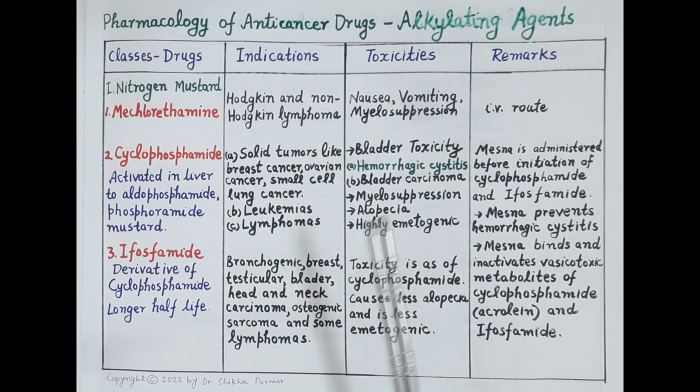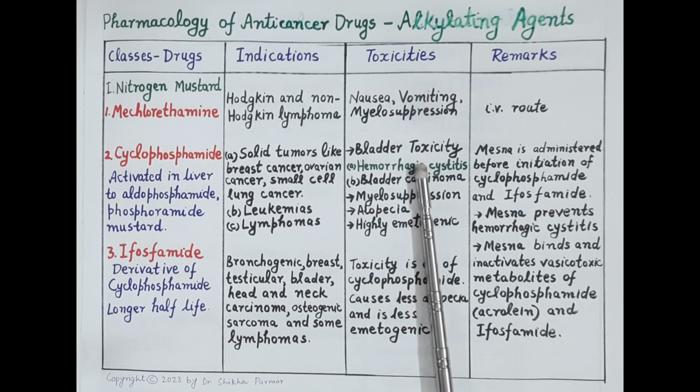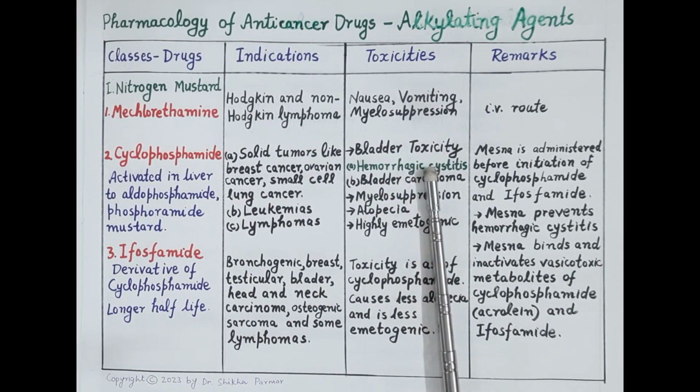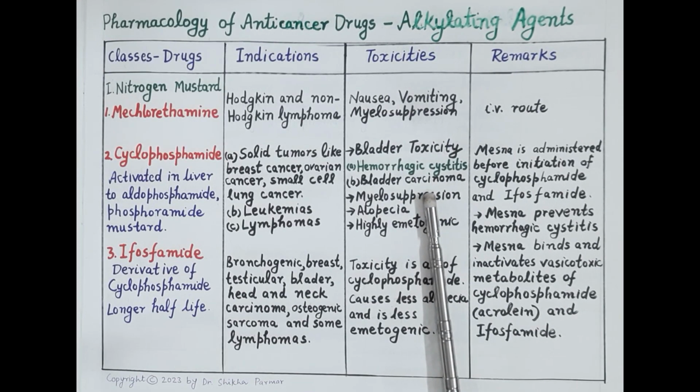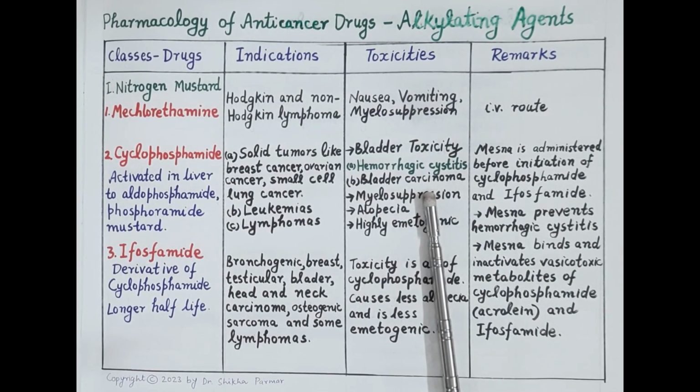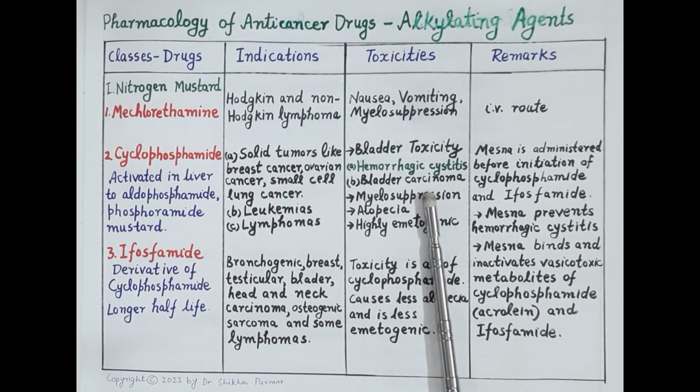Now, cyclophosphamide causes bladder toxicity, and this includes hemorrhagic cystitis and bladder carcinoma. Hemorrhagic cystitis is an inflammatory condition of the urinary bladder that can cause bleeding from the urinary bladder.